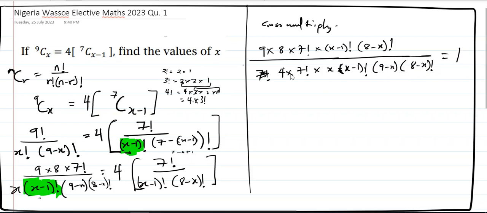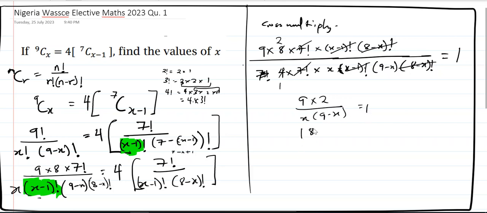There will be 1. So over here, 4 goes here 1, 4 goes here 2, 7 factorial cancels 7 factorial, x minus 1 factorial cancels x minus 1 factorial, 8 minus x factorial cancels, right? So we are left with 9 times 2 all over x times 9 minus x, equal to 1.